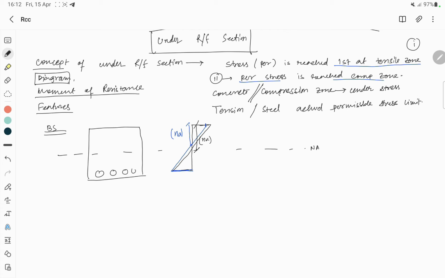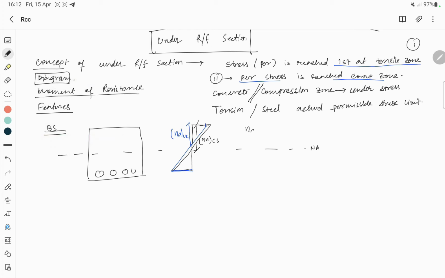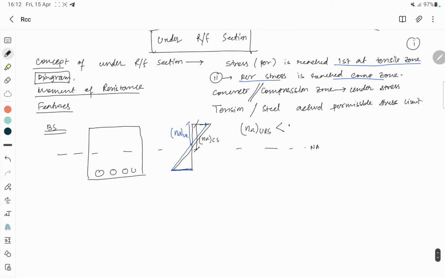So if this is for the critical section and this is for the under reinforcement section, as per the drawing I can say that the neutral axis for the under reinforcement section is less than the neutral axis of the critical section. This is very important from an MCQ point of view.